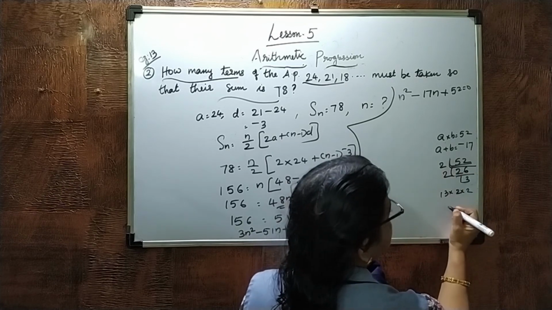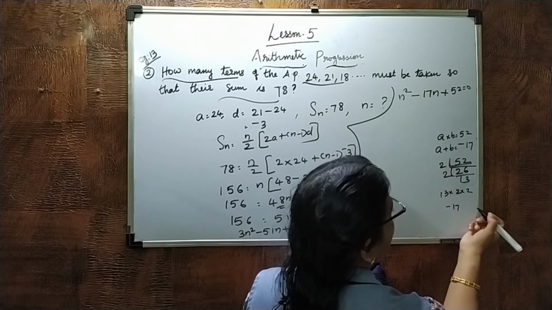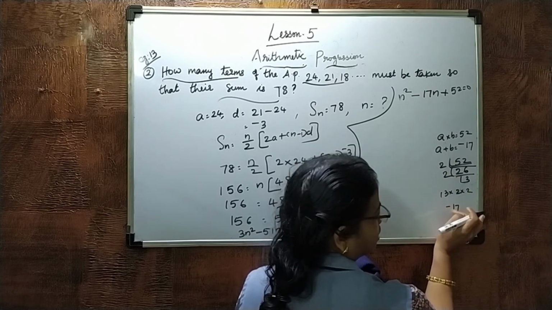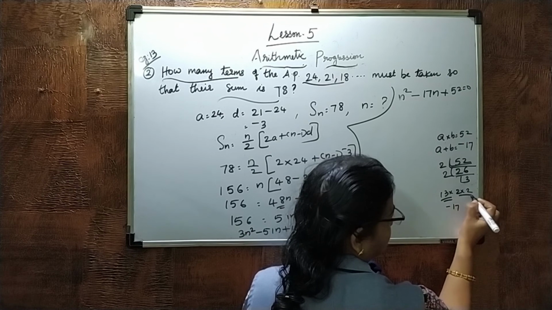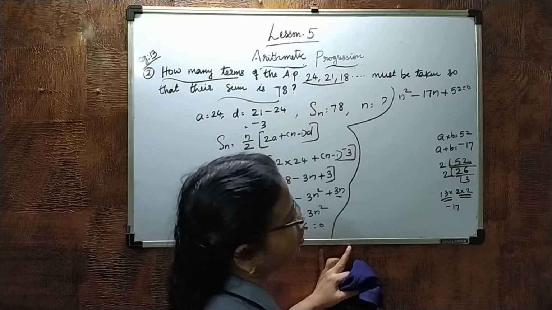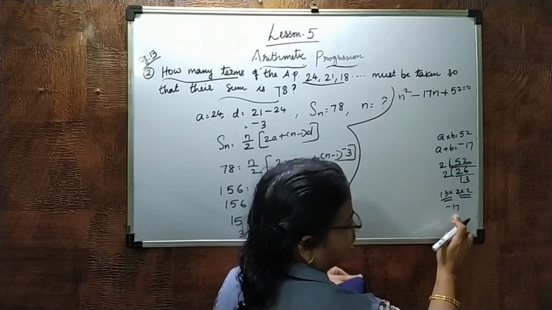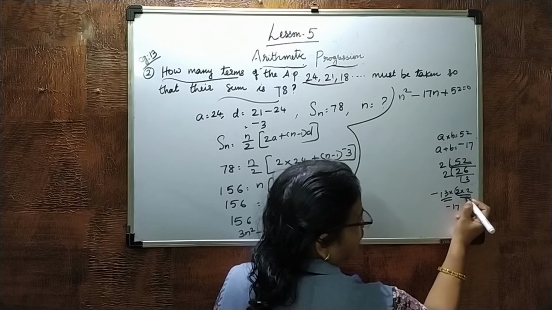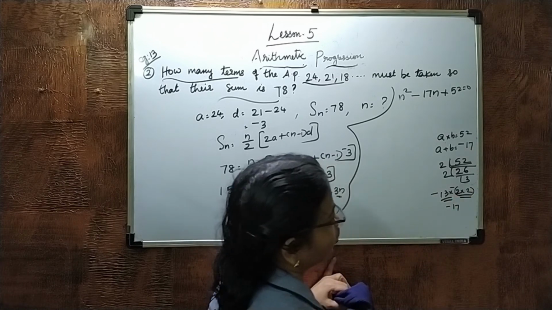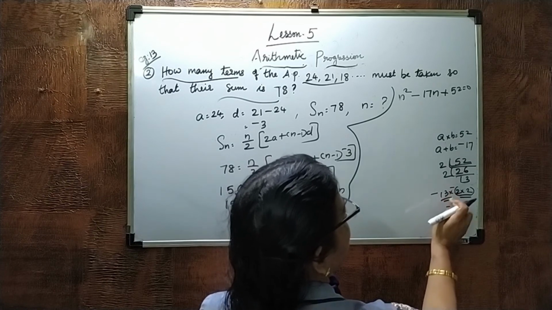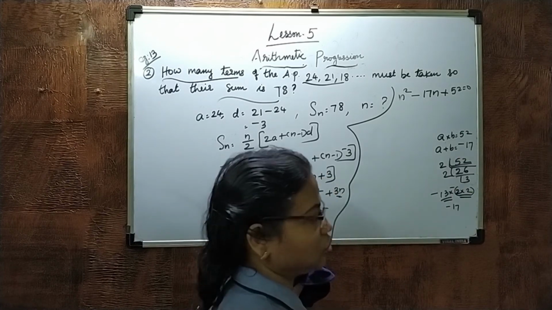And we want the answer negative 17 when you add, and when you multiply, 52. 52 we already get. Now for 17, 13 plus 4, will you get the answer 17? Yes, 13 plus 4 will get the answer 17. And the negative sign is there, that means negative 13 plus negative 4 gives negative 17, and when you multiply it will be positive 52.